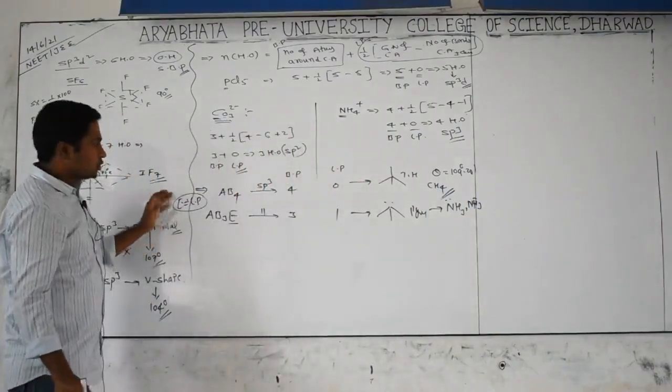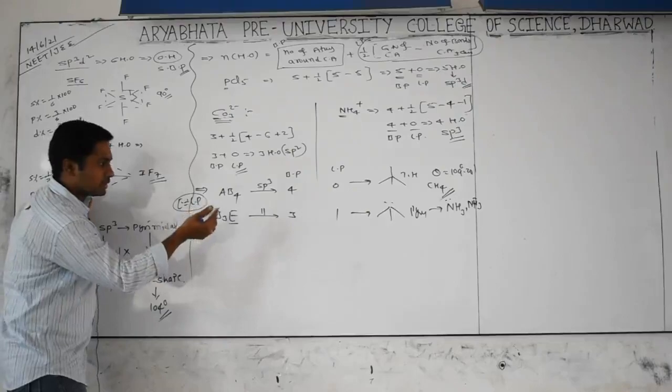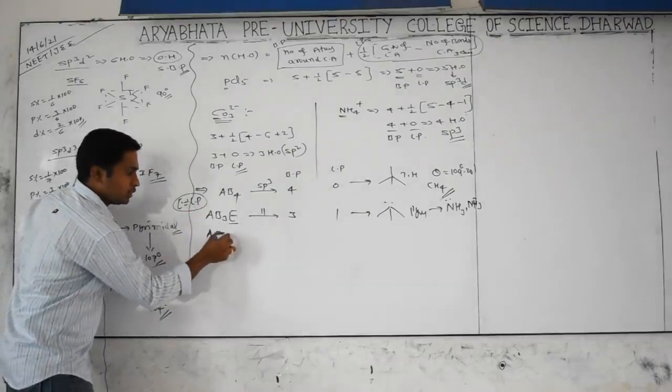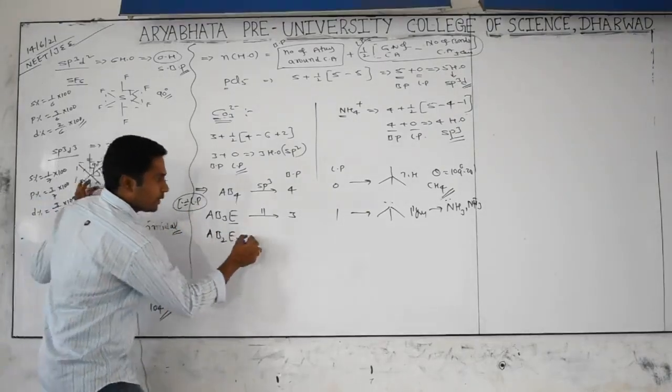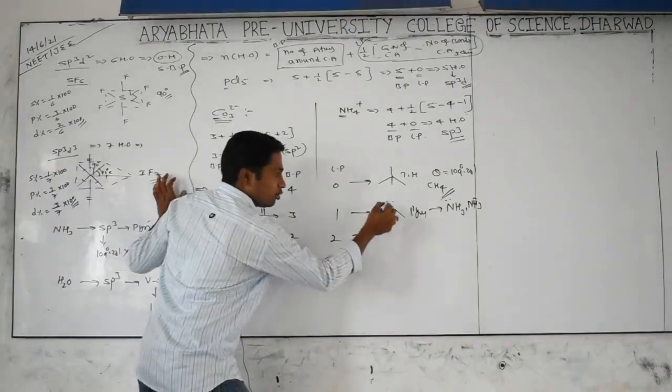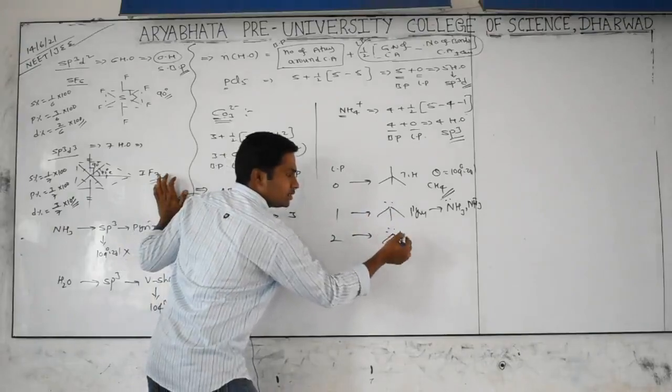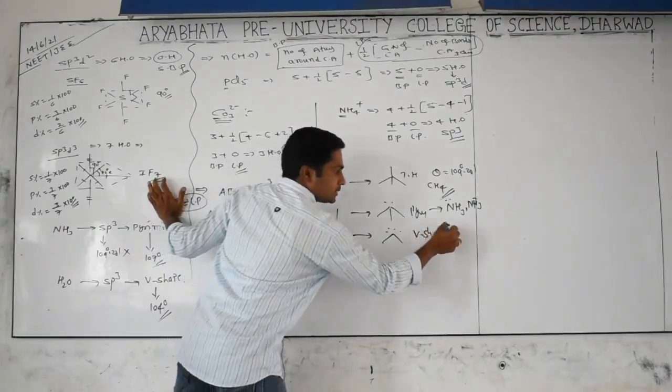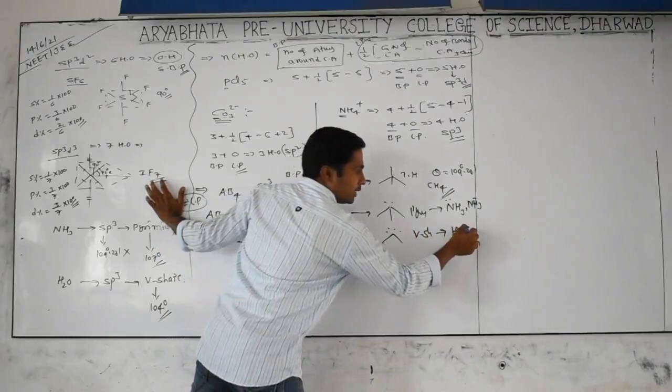All of you clear? Next we discuss the AB2E2 molecule, 2 bond pairs and 2 lone pairs. Cut one more bond, and you get bent shape, angular shape or V shape. The best examples are H2O and H2S.